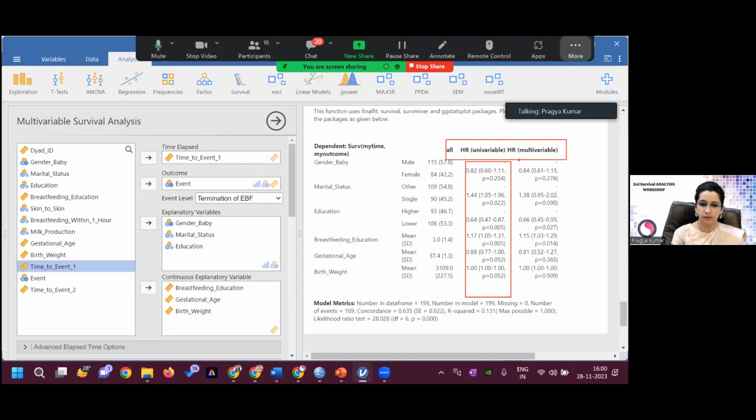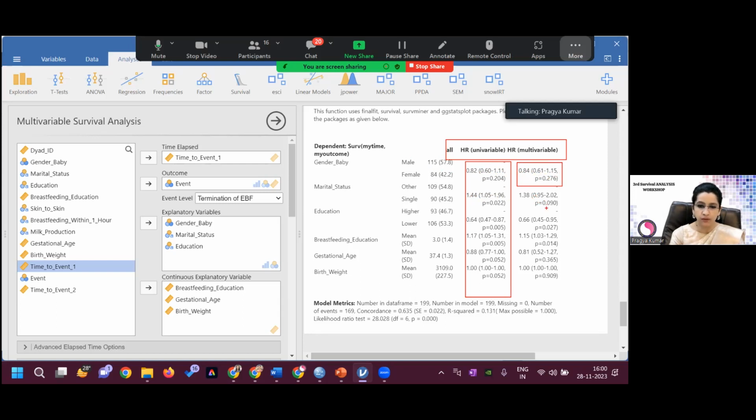Now if you focus on gender, it has not changed much. This is the unadjusted; if you see the adjusted, it is also 0.84. The significance did not change, it is still 0.2. Then coming to the others, marital status is 1.44. How do you interpret this? Let's see what all are significant.